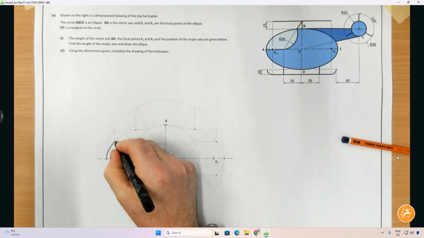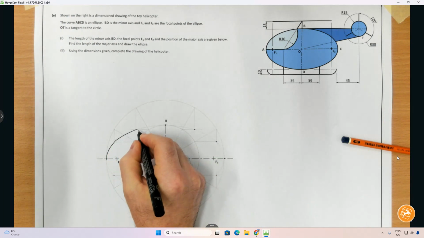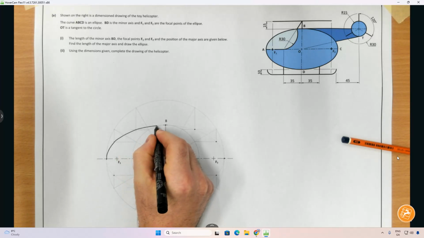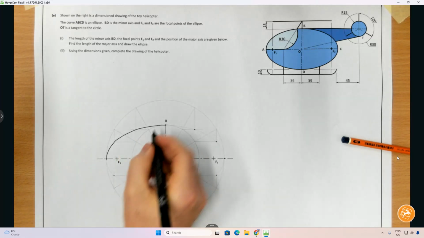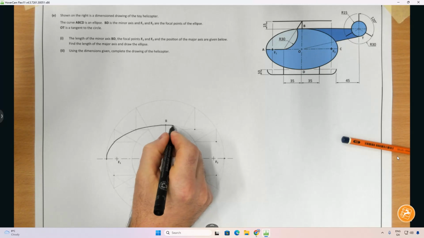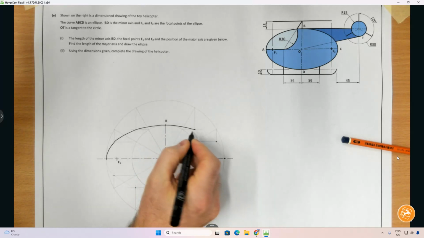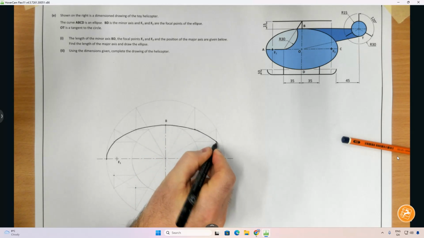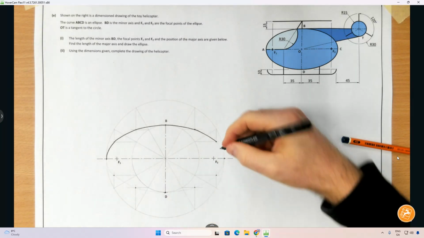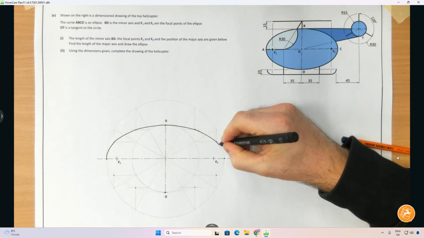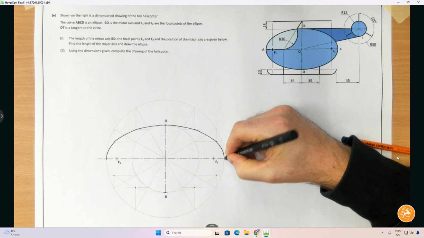I'm trying to make it a nice smooth curve. Okay, I have my guide. I messed up there. Now, take my time with this little bit here. Flow in.